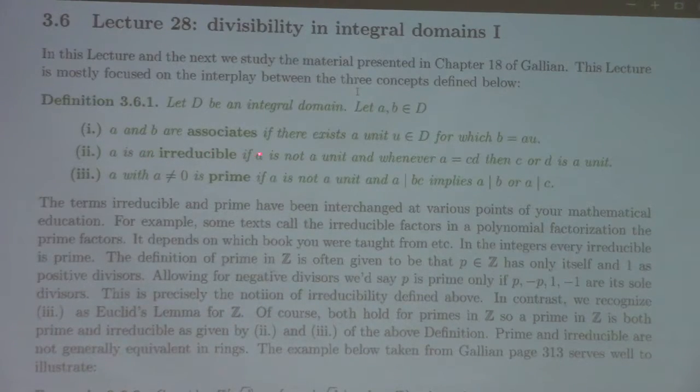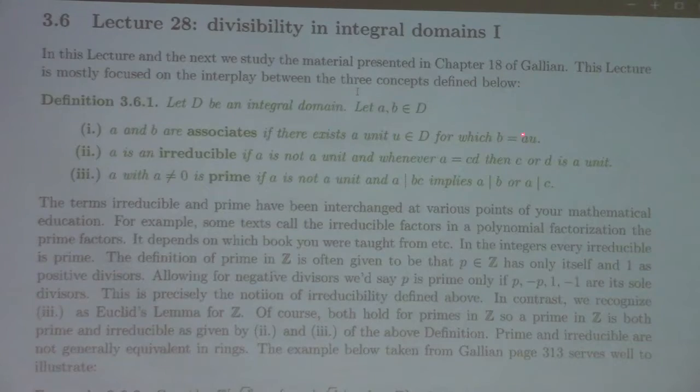Another thing we can define: a is irreducible if a is not a unit, and whenever a is equal to c times d, then c or d is a unit. All right. So basically, there's no non-associated factorization, so to speak, right? So like associates, this would not show that b is not irreducible, right?